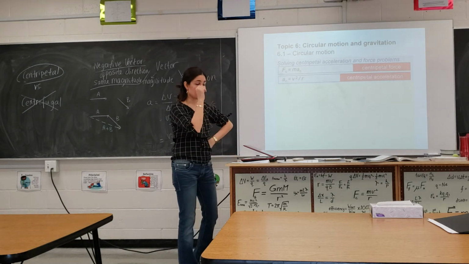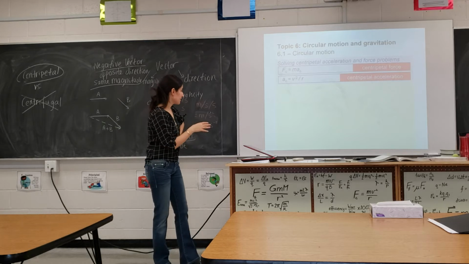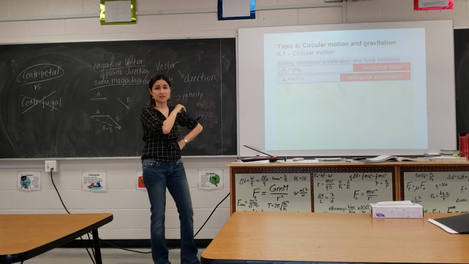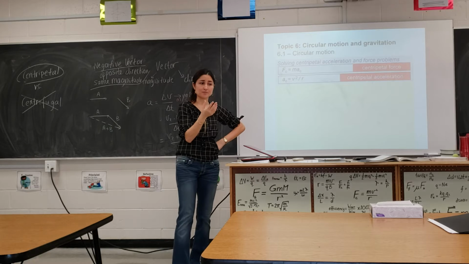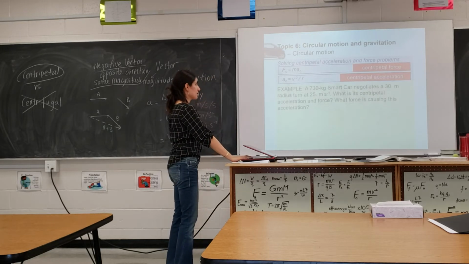So we've seen the formula for centripetal acceleration, v squared over r. And you know that due to Newton's second law, the centripetal force is given by the product of mass and acceleration, which is centripetal. Okay, so let's do some problems.